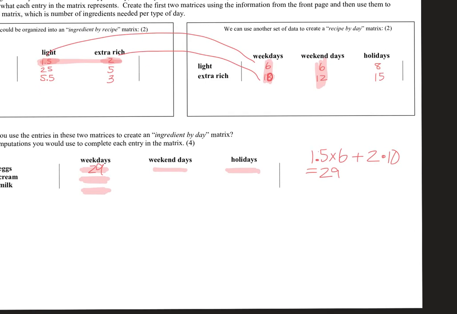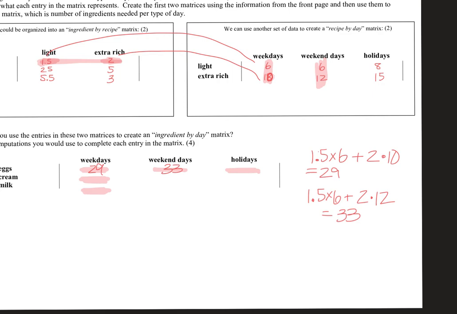So in this case, I've got 1.5 times the 6 batches for light, but I've got 2 times 12. I need 2 eggs for the extra rich, and I make 12 extra rich on the weekends. So down here we'll go 1.5 times 6, plus 2 times 12. And that will come out to 33. There we go. We need 33 on the weekend days.